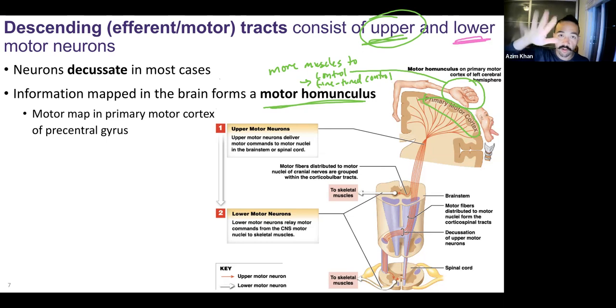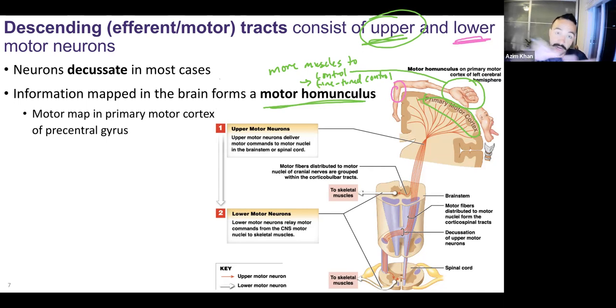Your hand is smaller than your leg, than say your thigh. Take a look at your femoral region over here. Your femoral region takes up a small part of your brain, but the muscles in your femoral region are really big. But why is it so small in your primary motor cortex? Remember motor units? You can have fewer neurons coming from the brain initially, then from the spinal cord, fewer neurons leading to these muscles.